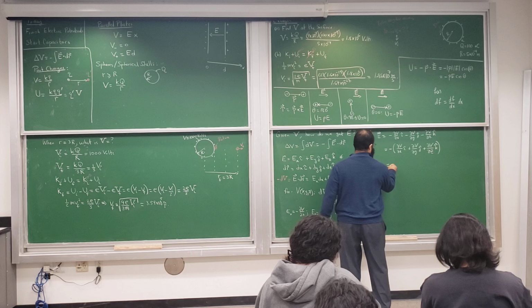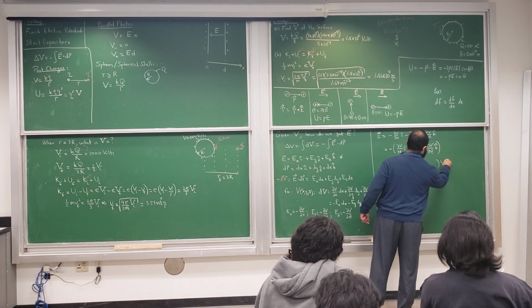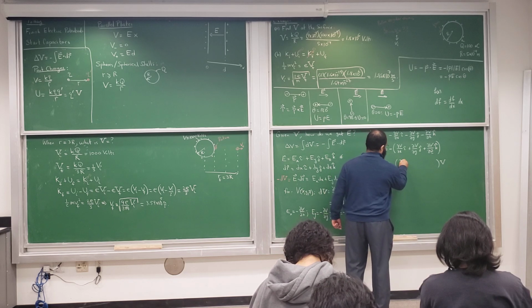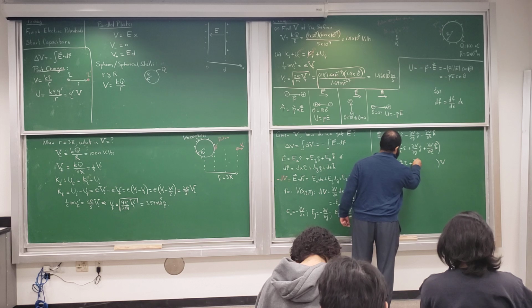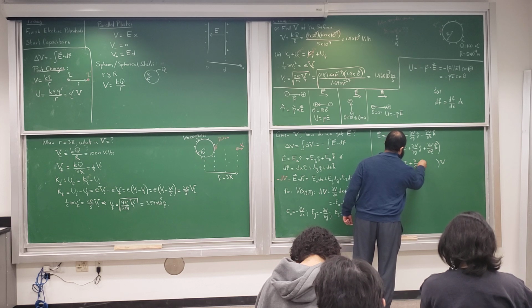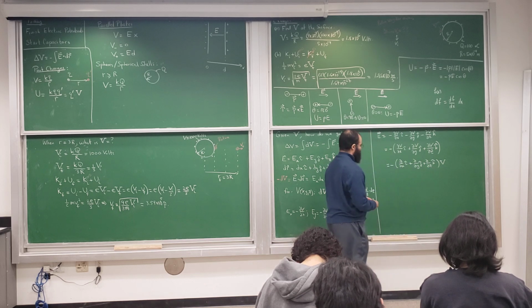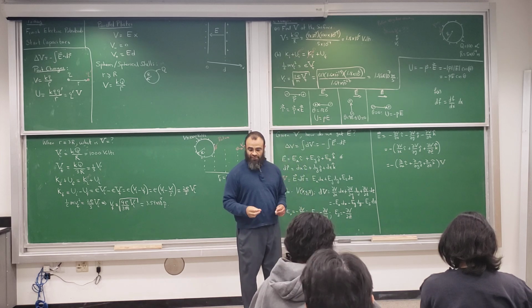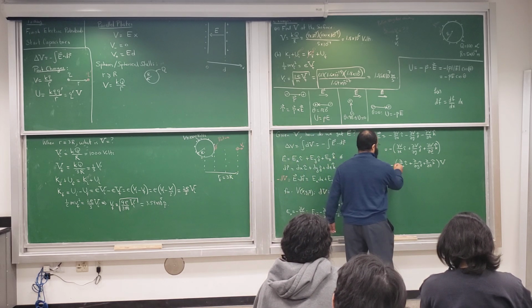And this is the same as minus, we can think of the V as being factored in front, we have d/dx i hat plus d/dy j hat plus d/dz k hat, acting on V. And this thing here has a short name.